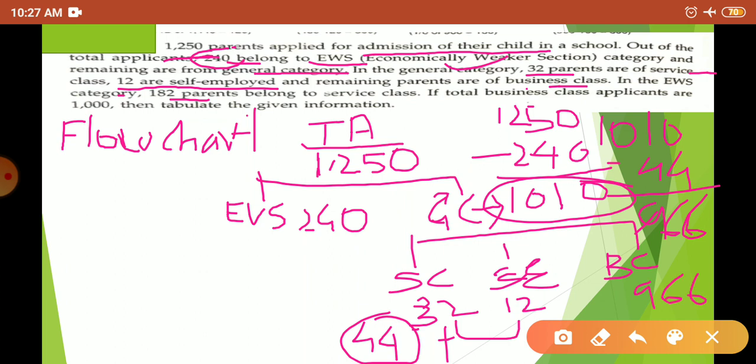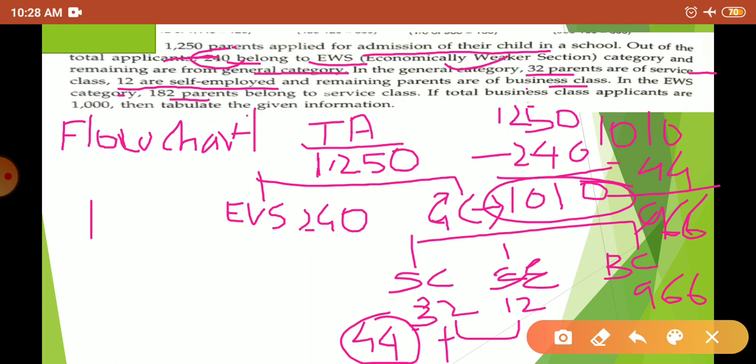In this way the general category has been completed. The general category total is 1010, service class 32, self-employed 12 and business class not given. So we added these two numbers, subtracted from 1010 and got 966.